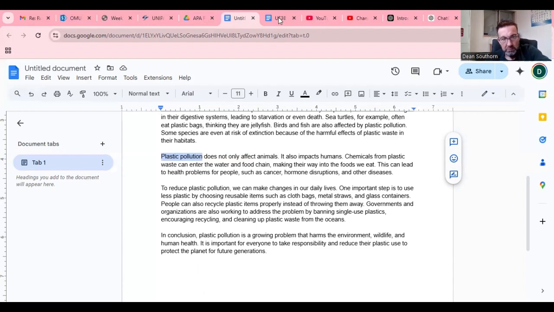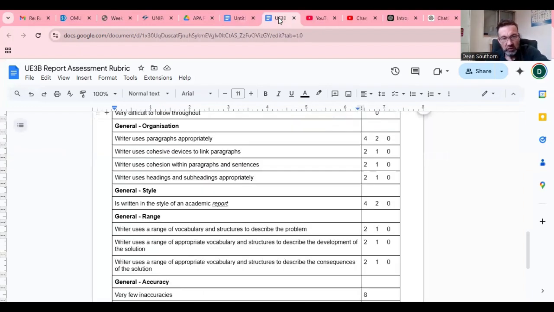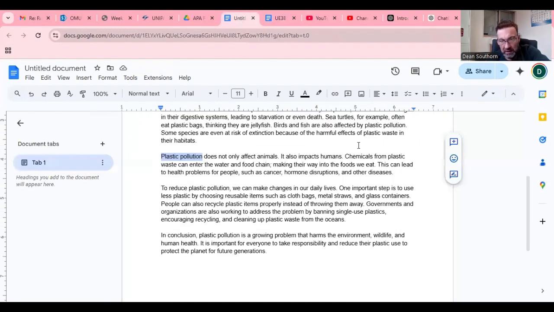Go back to our rubric. Writer uses cohesive devices to link paragraphs. Writer uses cohesion within paragraphs. So that's an interesting one. Here, phrases like this, using this can lead to health problems, is a good example. So plastic pollution does not only affect animals, it also impacts humans.